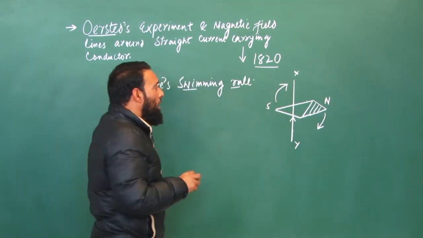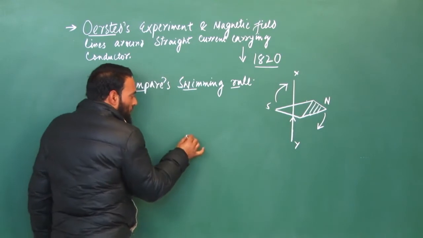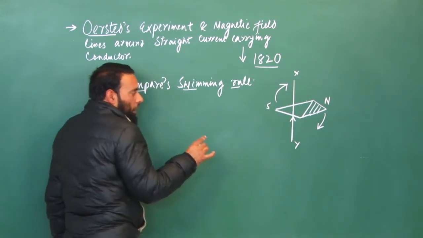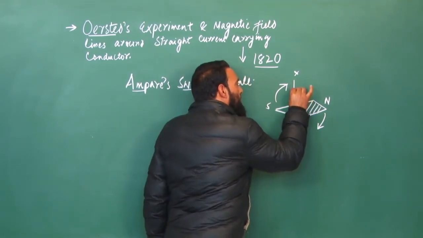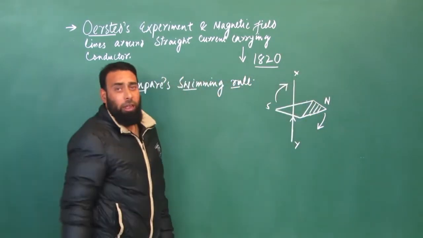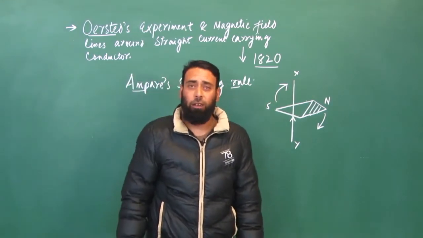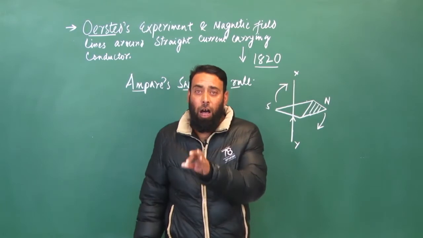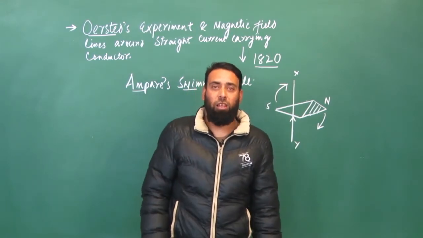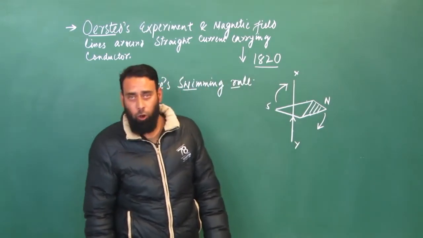That indicates that if the observer is swimming in the direction of the current in the conductor, then the north of the needle will move towards the left hand of that observer.